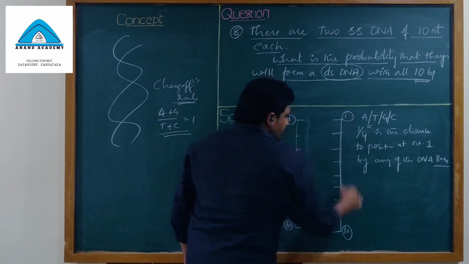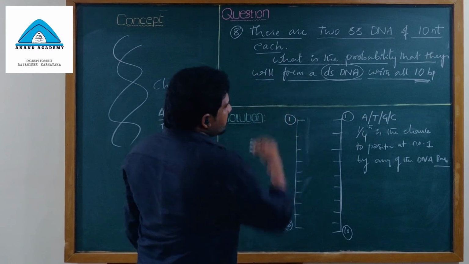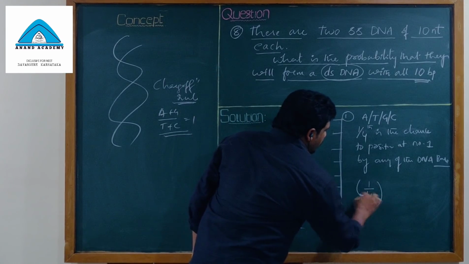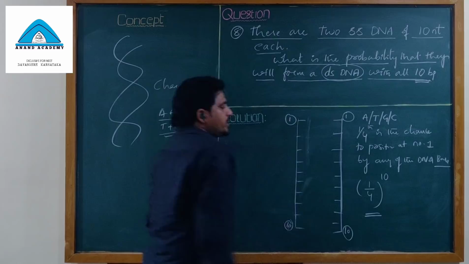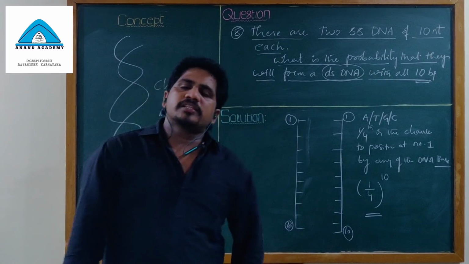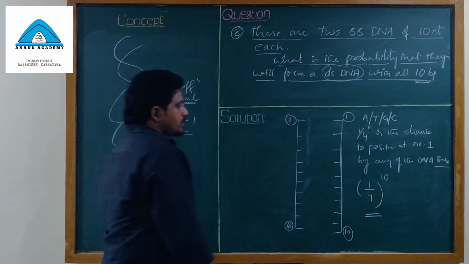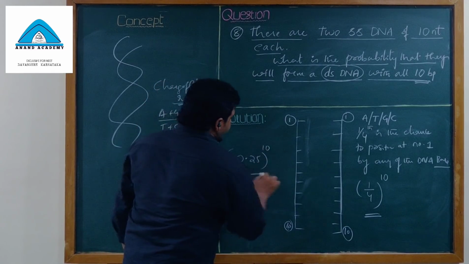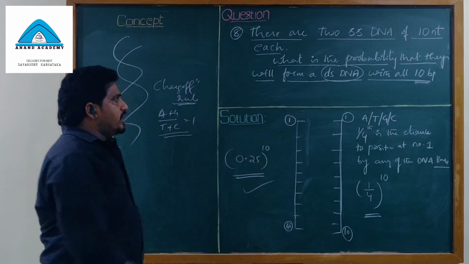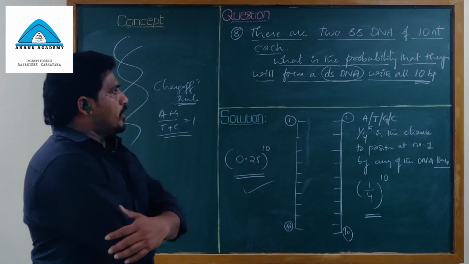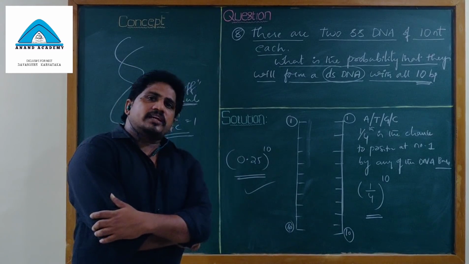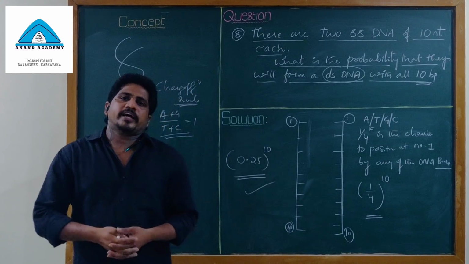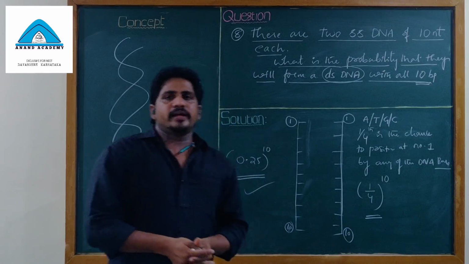The number of nucleotides in the single stranded DNA is 10. So 1/4 power 10 is the probability to have a double stranded DNA molecule. It is also written as 0.25 power 10. This is the probability for 2 single stranded DNA molecules to form 1 double stranded DNA. Clear?